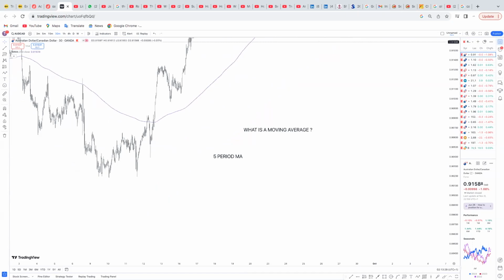So let's imagine these are our candlesticks. This is candlestick 1, this is candlestick 2.